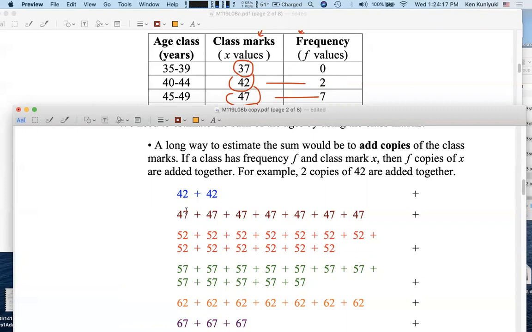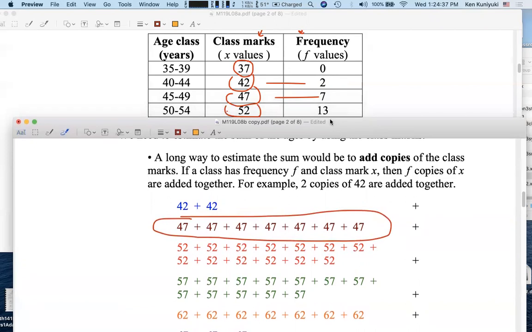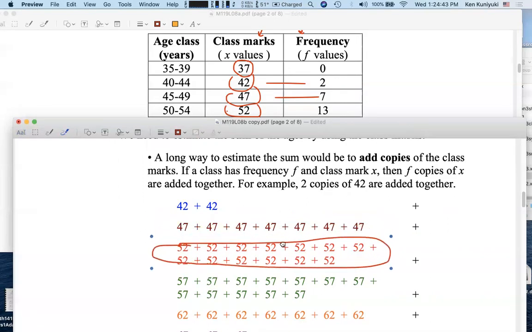Either way, we would take the sum within this class to be the following. We would take 7 copies of 47 here and add them up. And that would be the contribution to the sum of the 45 ages. Okay, and then there were 13 ages we're assuming were 52 years or averaged to 52 years. So we take 13 copies of 52, add those up, and so forth.